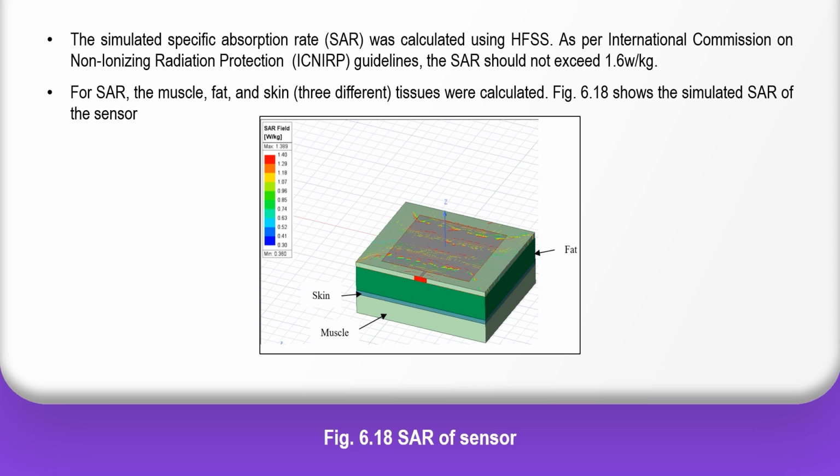So, for that purpose, what we assign is the muscle, fat, and skin tissues. Their permittivity values we assign, and we try to see whether this SAR value is within an acceptable limit or not.